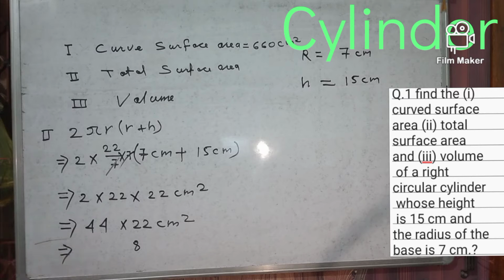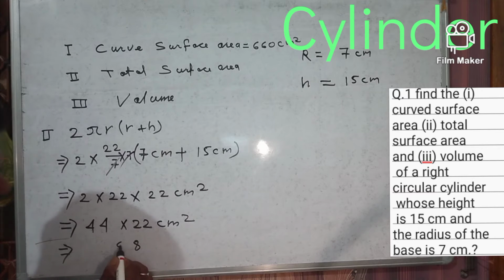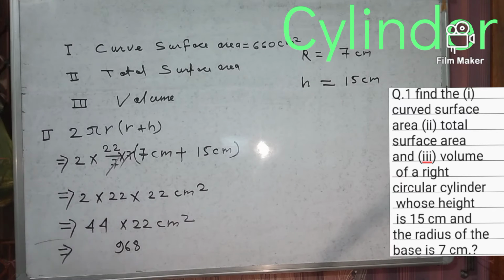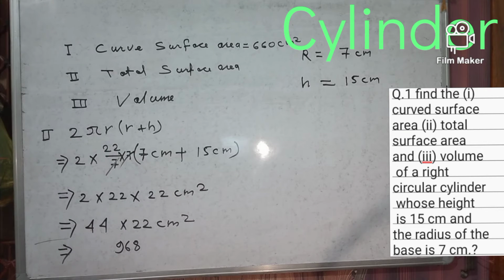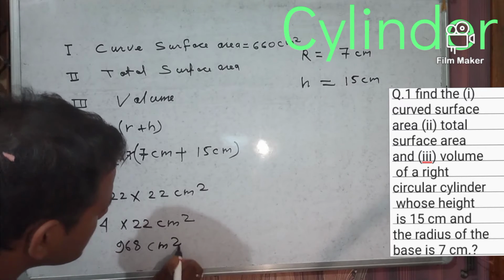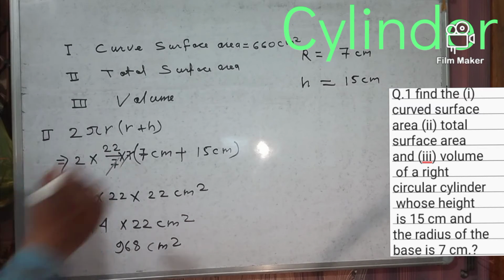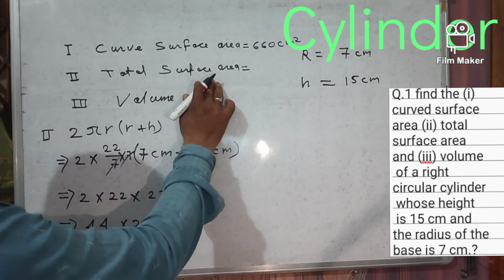And 22 fours are 88 plus 8 will be 96, right? See here once again, 22 into 4 will be 88, remaining 8, and 22 into 4 will be again 88. 88 plus 8 will be 96. Okay, so total surface area is equal to 968 centimeter square.